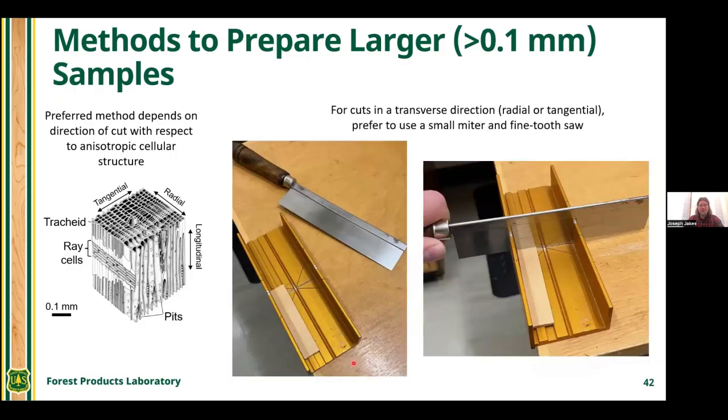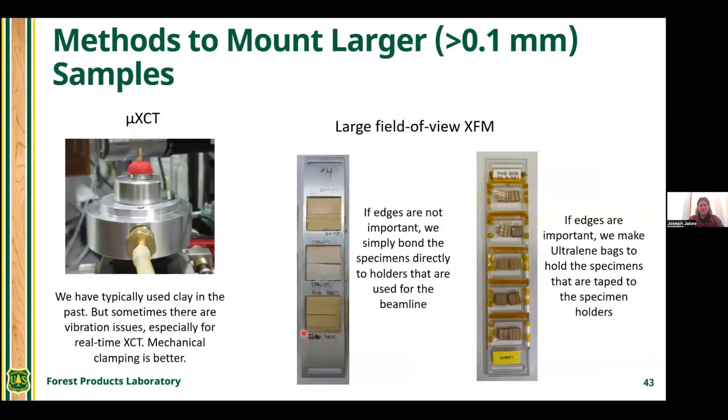And if you want to cut the transverse direction, I would typically just use a very fine tooth saw and a small miter box. That's just something that you can typically get at a hobby shop. And then to mount these larger specimens for micro XCT, we've often just used clay, where you take a small amount of clay and put your wood section in there and hold it.